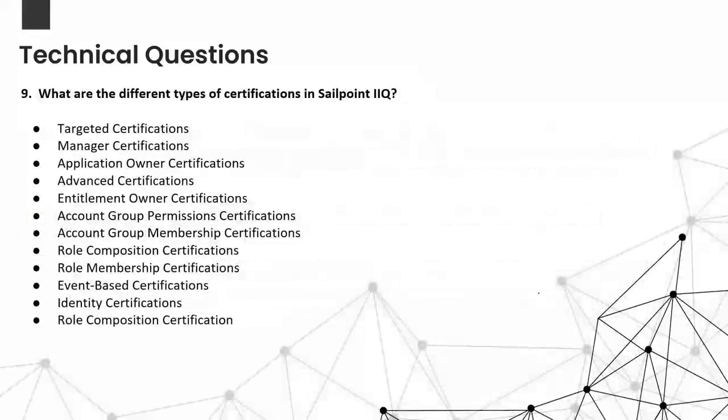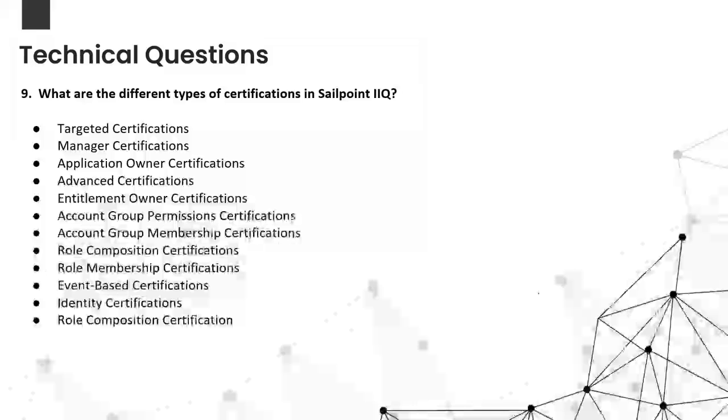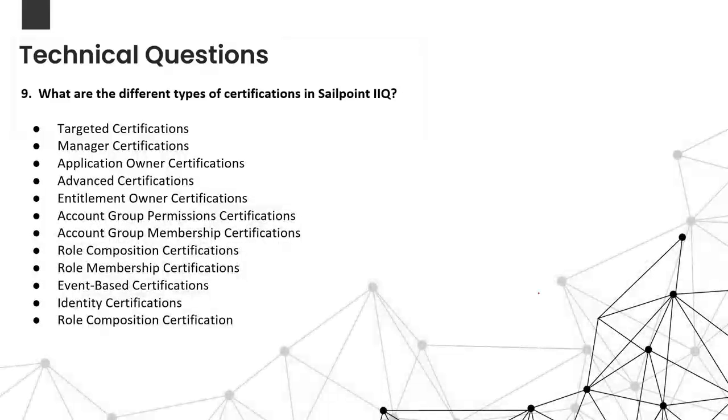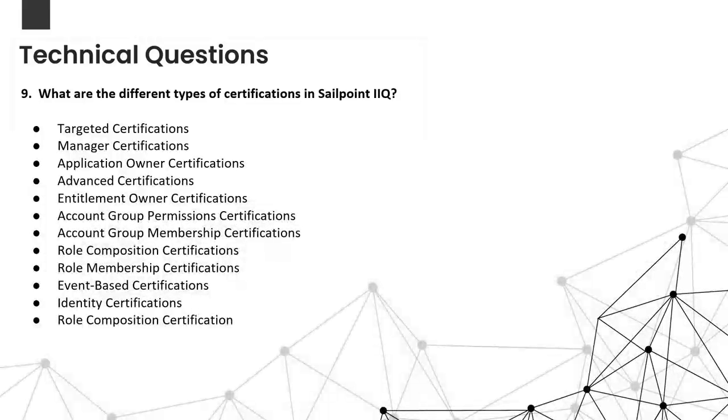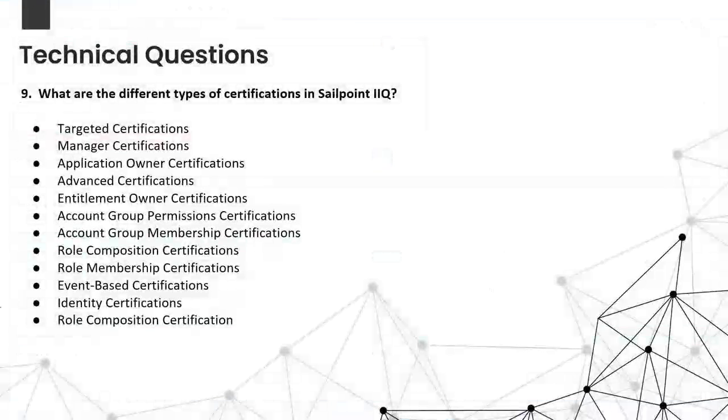Next, another technical question is what are the different types of certifications inside SailPoint? They would expect you to know the different types of certifications we have, and they might ask you something on the certifications part. Like what is a targeted certification, manager certification.